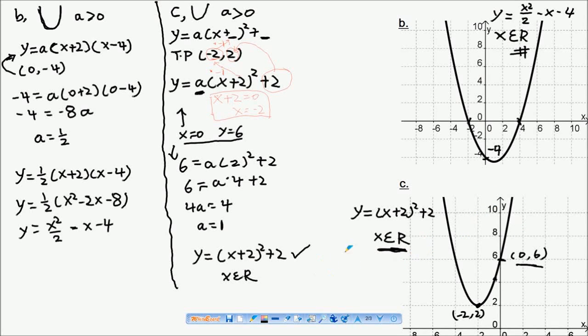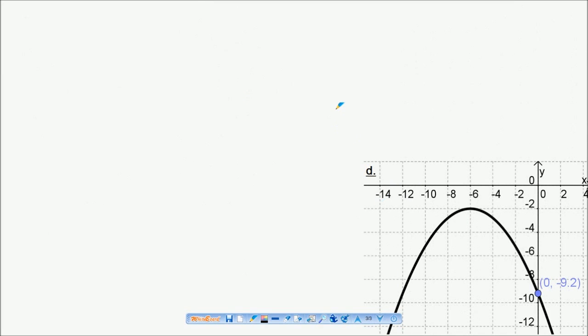Let's look at one more example here. In question D, we have a turning point and a y-intercept. The shape of the graph looks like this, so a is less than 0. Your coefficient is a negative number.